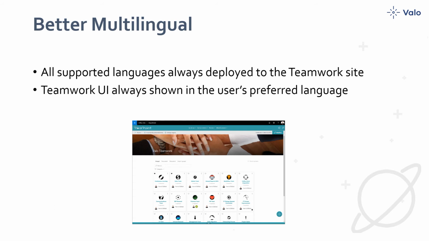And the language that is shown to the end user is now automatically determined based on the end user's display preferences, i.e. the user profile value or the browser settings which set the preferred language for the end user, given that the end user language is among the 20 plus languages that we support with Valo Teamwork.